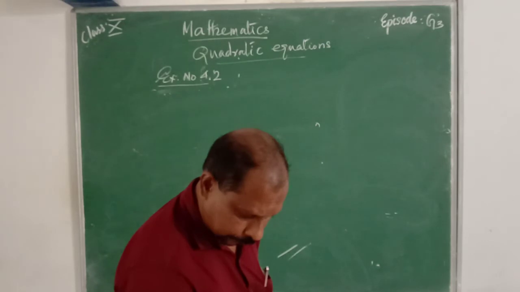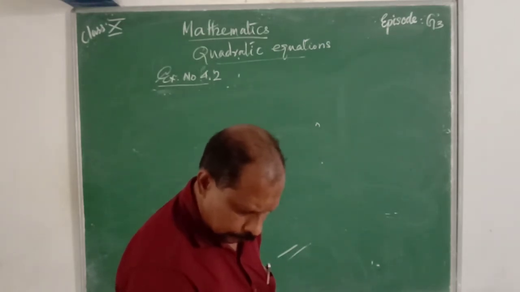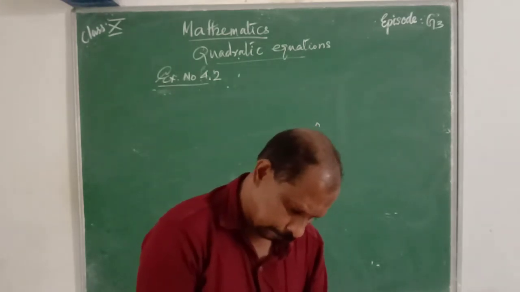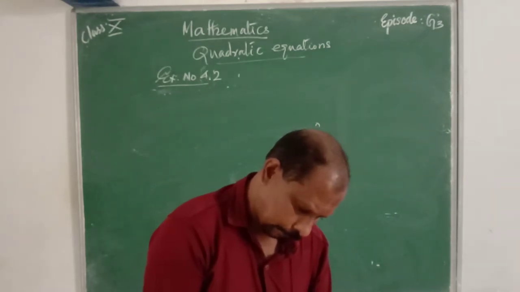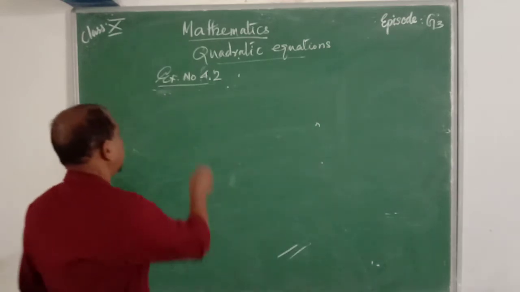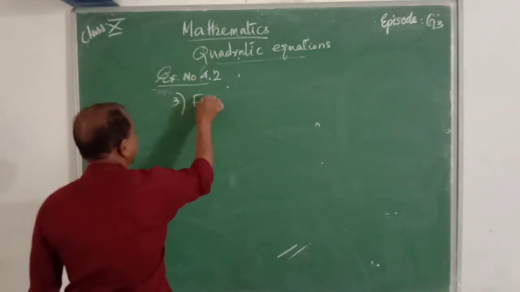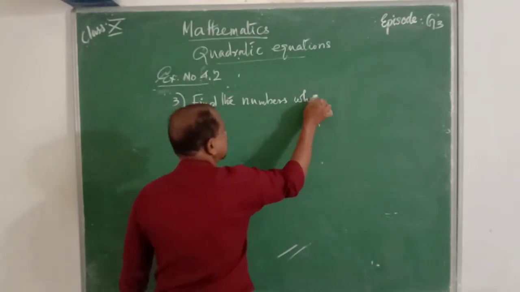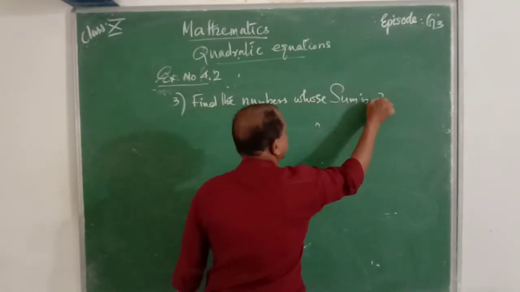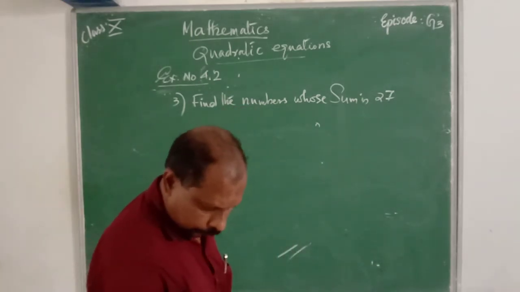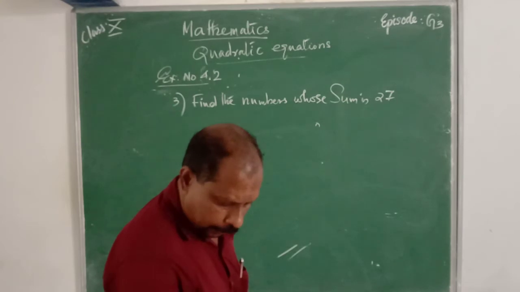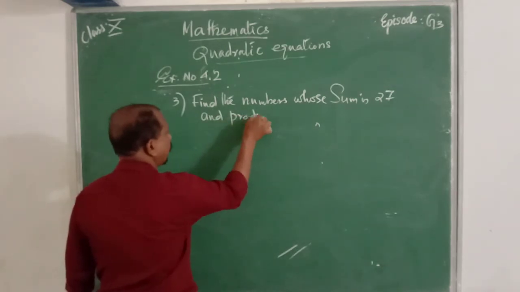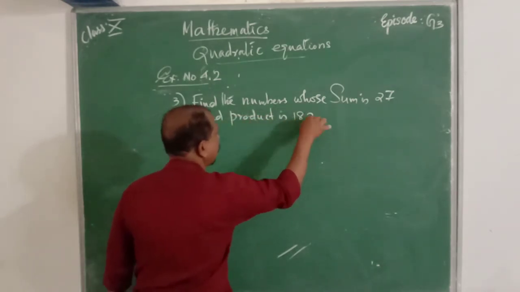Find the numbers whose sum is 27 and the product is 182.